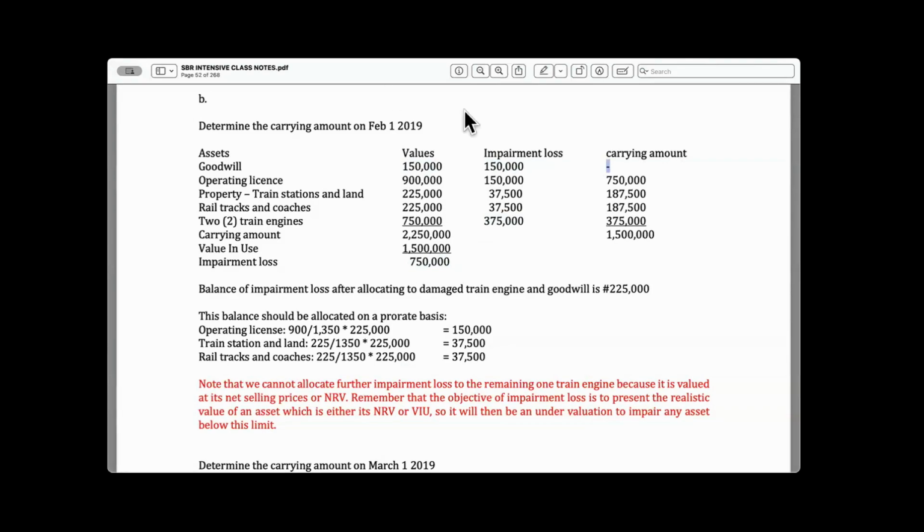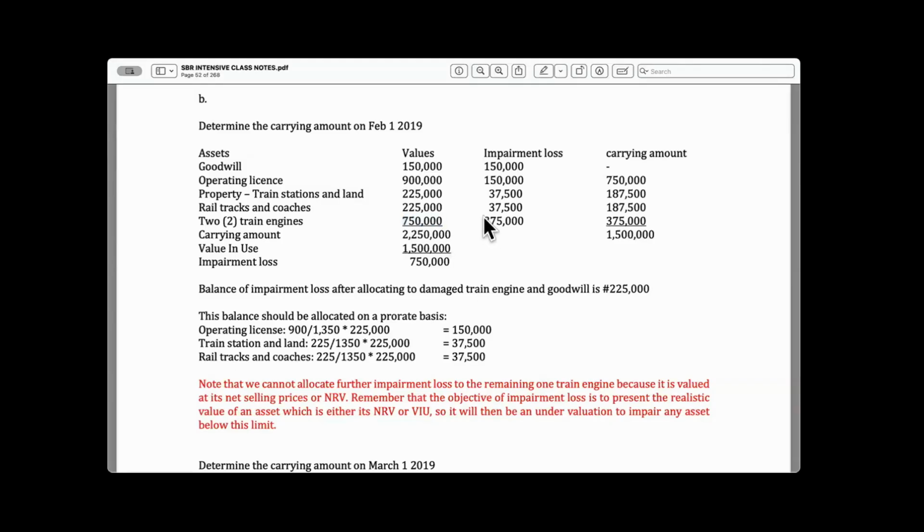And what are the other assets? Operating license, train stations, rail tracks, and don't forget that there is still one remaining train engine that I need to allocate to.